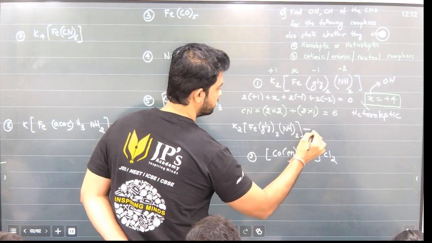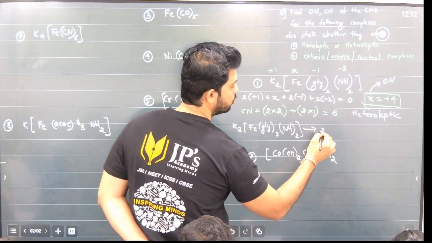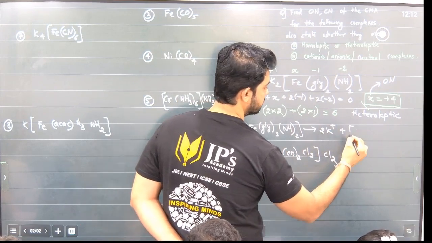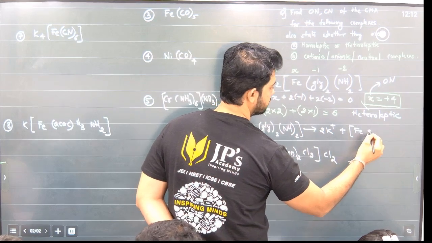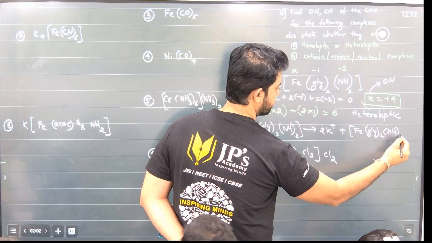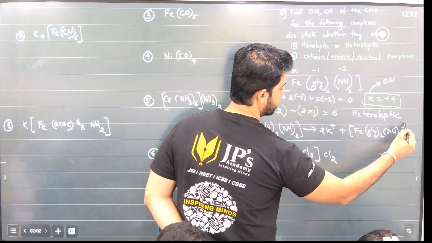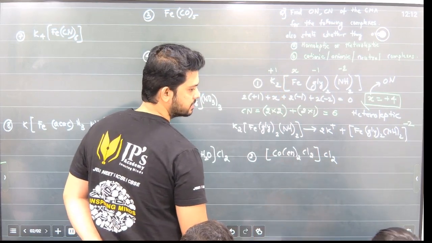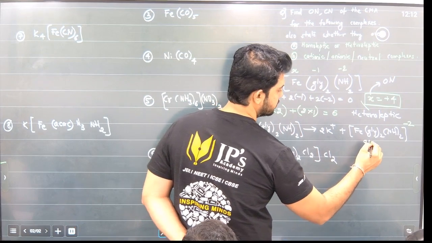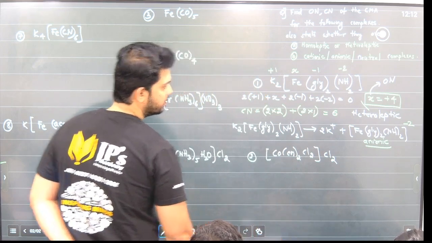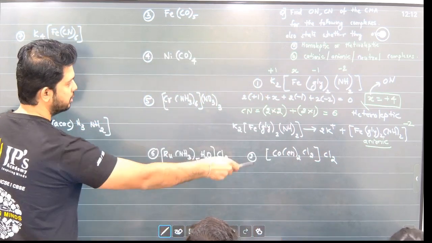When you dissociate this, 2K plus, and the Fe complex. So whether it is an anionic or a cationic complex, it is an anionic complex. Did you people get that? Okay, let's try the next one.